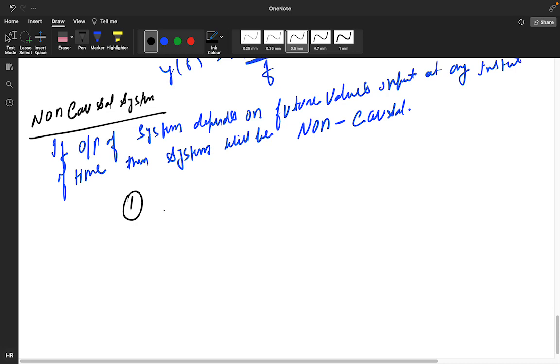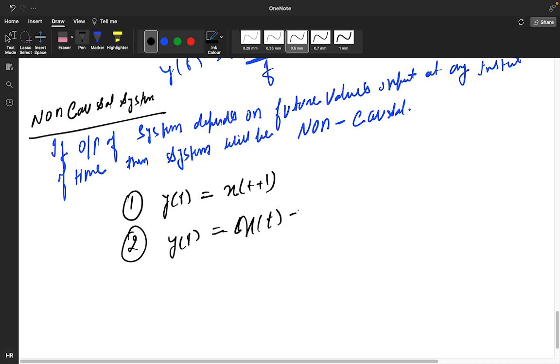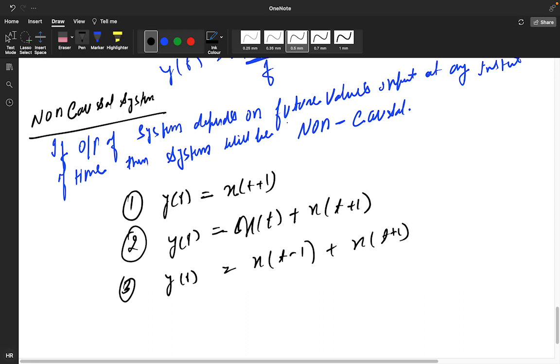Okay, for example you can write like this: y of t is equal to x of t plus 1. Second example, y of t is equal to x of t plus x of t plus 1. Third example, y of t is equal to x of t minus 1 plus x of t plus 1. So why is the system non-causal?